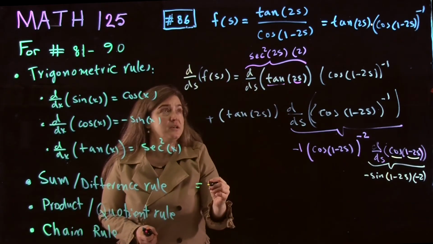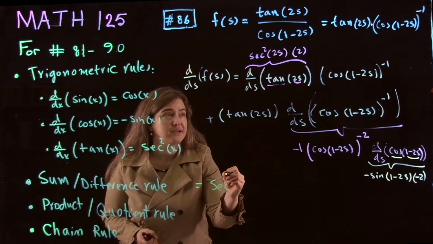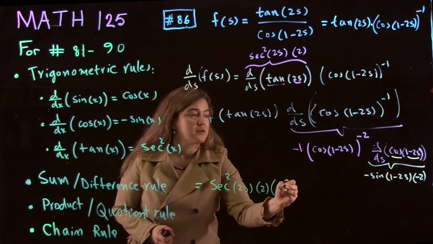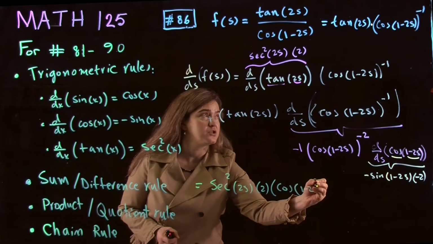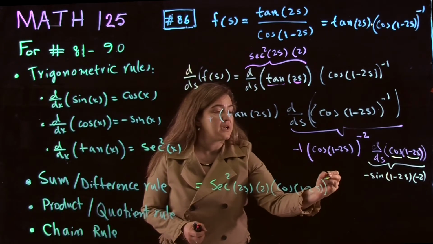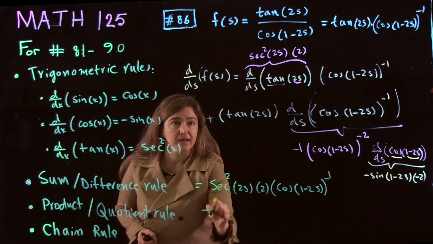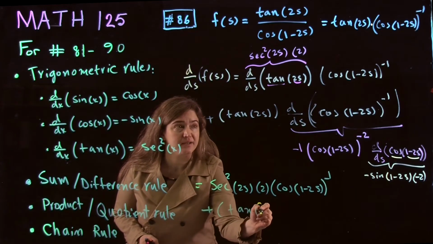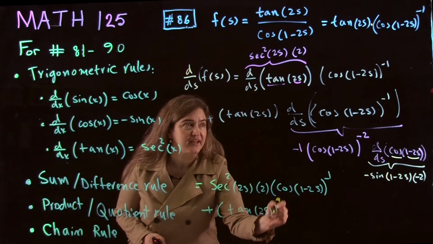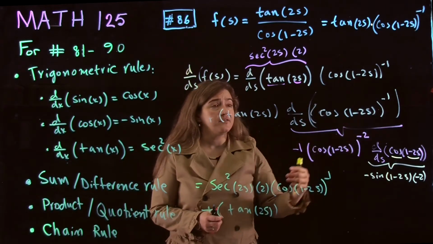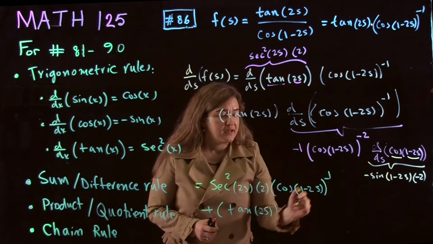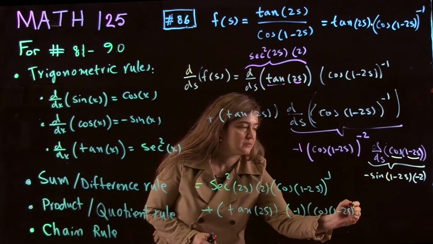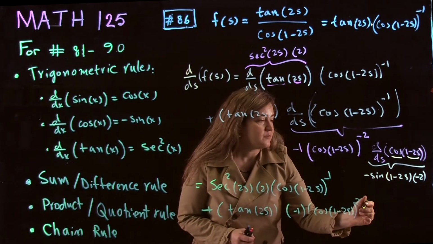So the first one, the derivative of the first factor, times 2 times cosine 1 minus 2s, the entire thing to power -1, plus the first product factor times the derivative of the second factor, which is the very outside function, then times the derivative of inside.